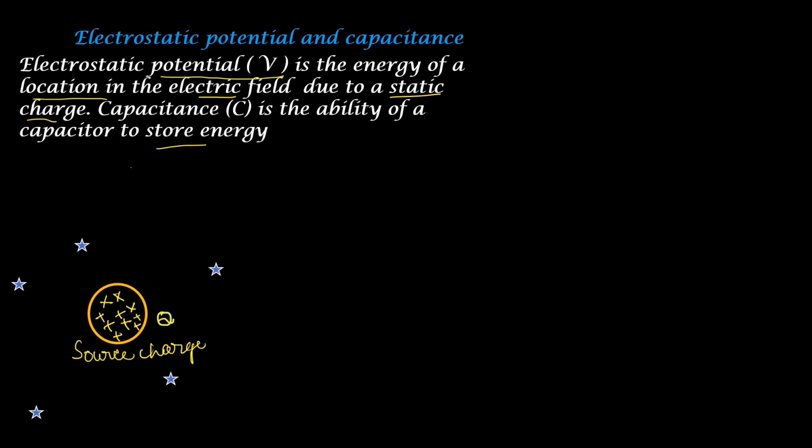I have marked a few locations in the electric field of the source charge where the influence of the source charge is felt. Electric field at a location is the Coulomb force exerted by the source charge at that location. It is equal to Q by 4 pi epsilon naught R square.